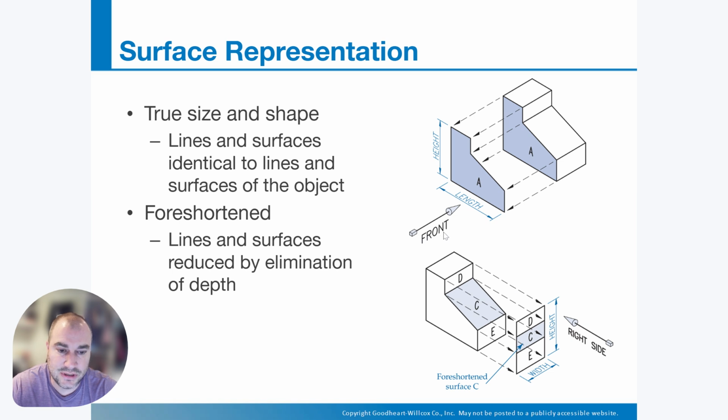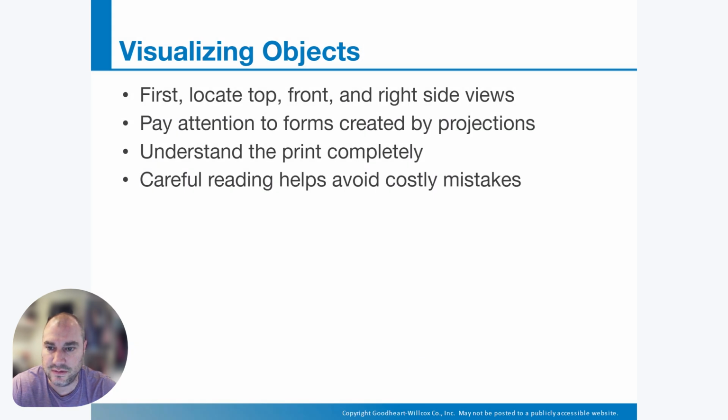Whereas from the front view up at the top, you have height and length, and everything is viewed how it is. There's no foreshortened side. This one has a foreshortened side here because when we're looking at the right side view, we don't have that depth there. So, true size and shape, and then foreshortened. We have to be careful with foreshortened.